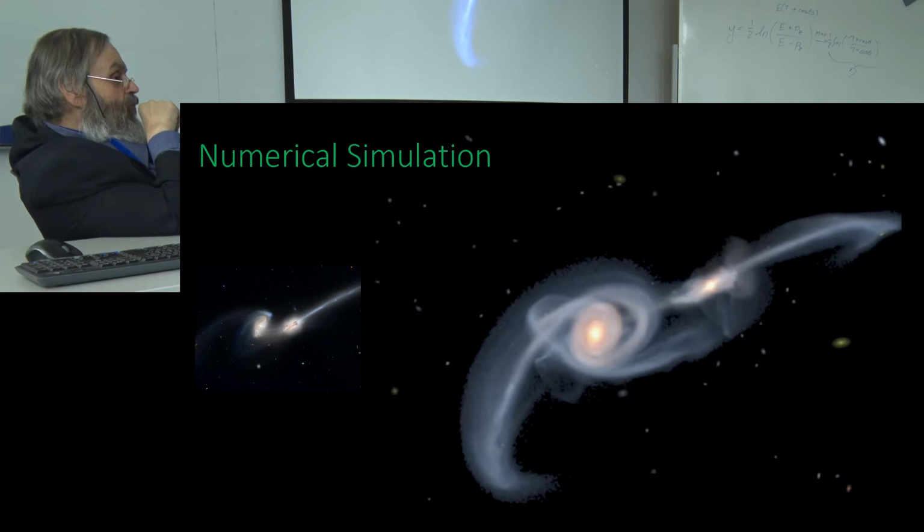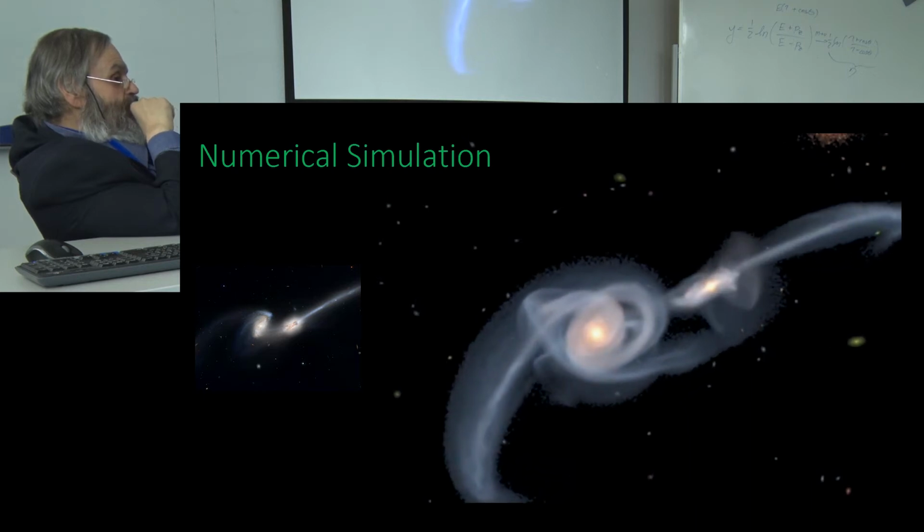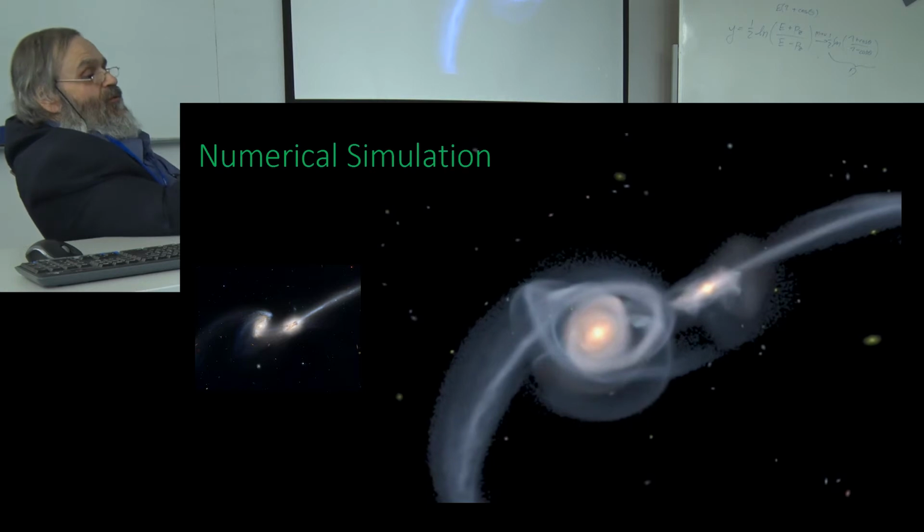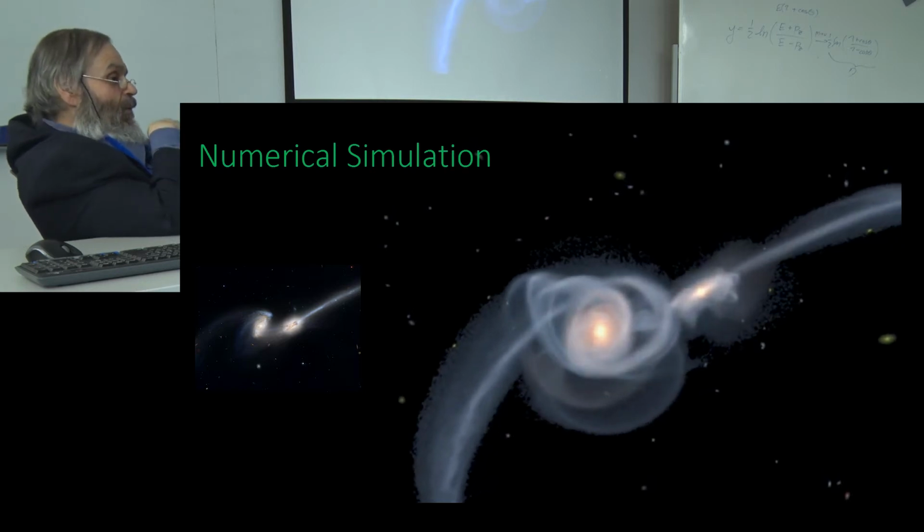So it doesn't do a bad job of looking like the mice galaxies, does it? Well, I mean, it's evolving, so you have to stop it at the appropriate time.